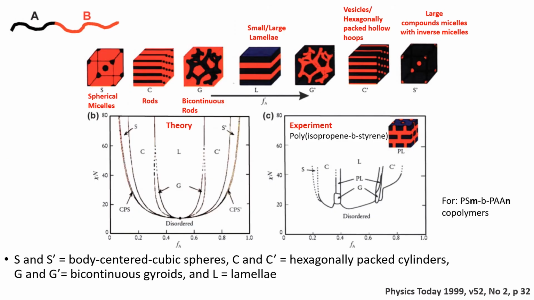Frank Bates reported this scheme where on the left, when the volume fraction Fa is small, we get spherical micelles. At the beginning, while preparing aggregation, we always start with spheres. Upon increasing the volume fraction of Fa, we shift from spherical micelles to rods.